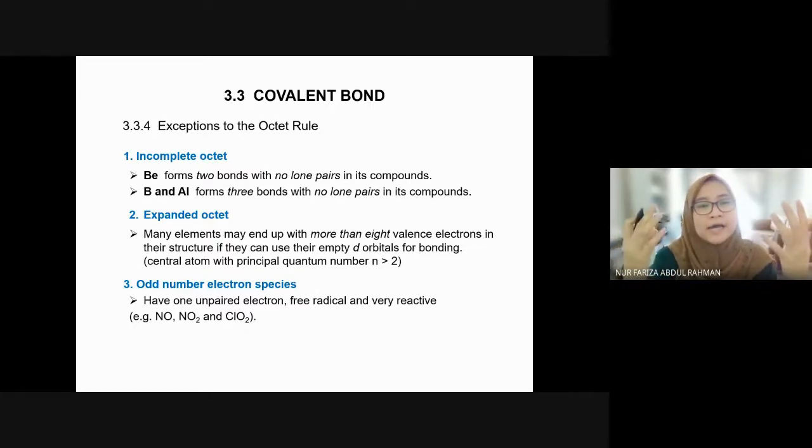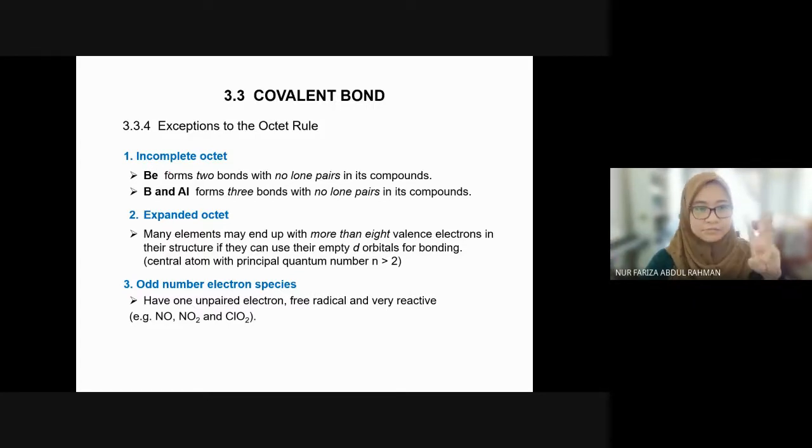However, we have a few exceptions to this octet rule. The reason they want to achieve the octet is stability. Somehow, even though they don't achieve the octet, they are still stable. That is the exception to the octet rule.